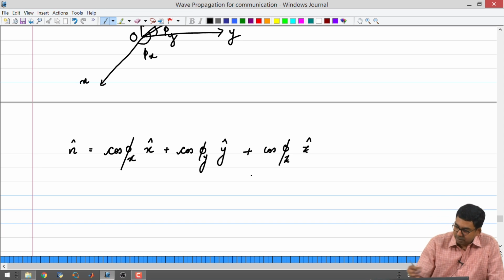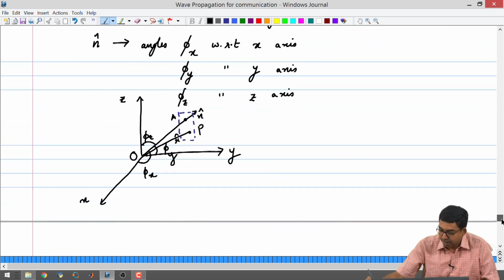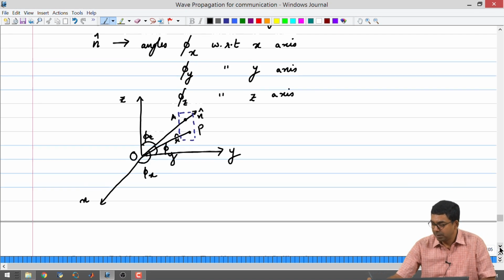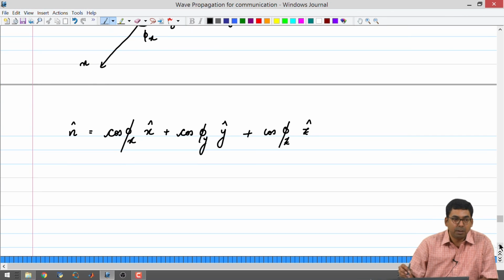The position which we have just discussed, that is the point P, is described by vector r. And whenever you have a vector that you have to describe in this kind of a scenario, all you would do is write this down as the x, y, z coordinates of that particular point.